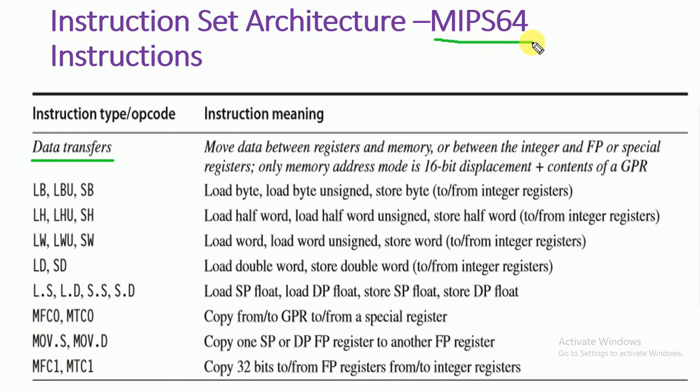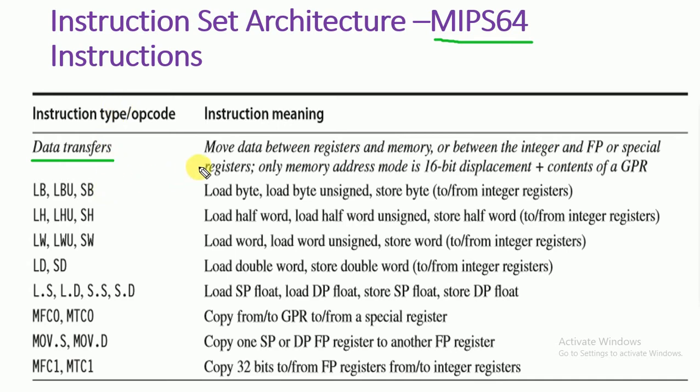From MIPS we have both 32 and 64-bit processors available. These particular instructions are taken from the MIPS 64 architecture, and we are not including the entire syntax or format of writing an instruction. We are simply looking at the opcode part, how these instructions can be used for performing various operations. All the operations are taken from the MIPS 64 instruction set architecture.